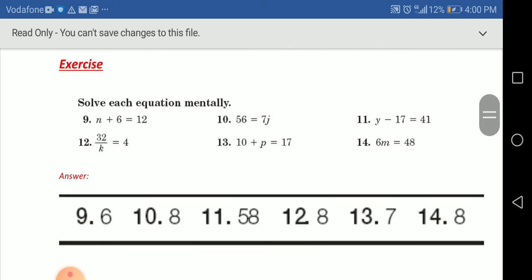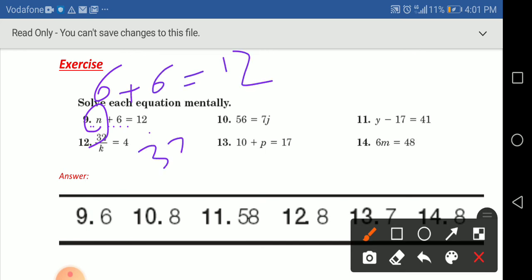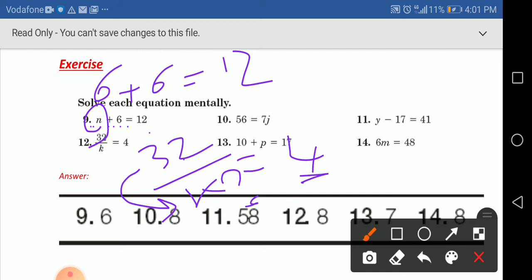Okay, let's complete. I have here solve mentally. What does it mean, solve mentally? When I say n plus 6 equal 12, I say to myself in my mind, what plus 6 gives me 12? Of course, 6 plus 6 gives you 12. When I say 32 over k equal 4, so 32 divided by what gives me 4? 32 divided by 8.